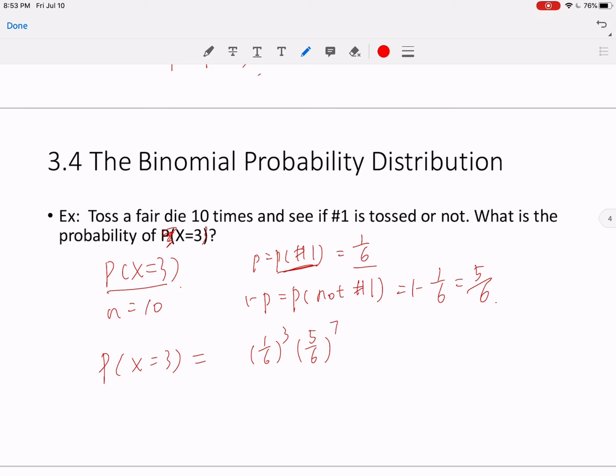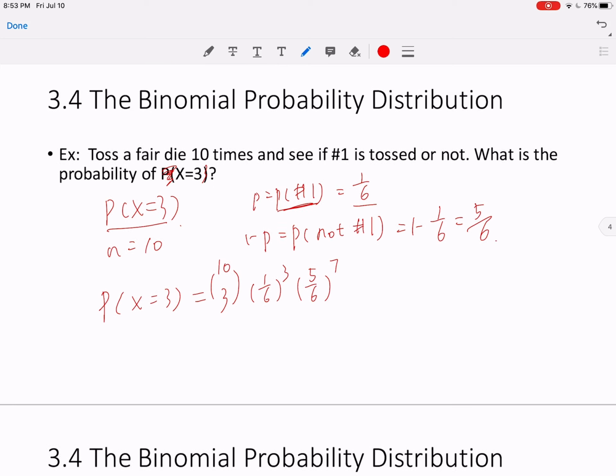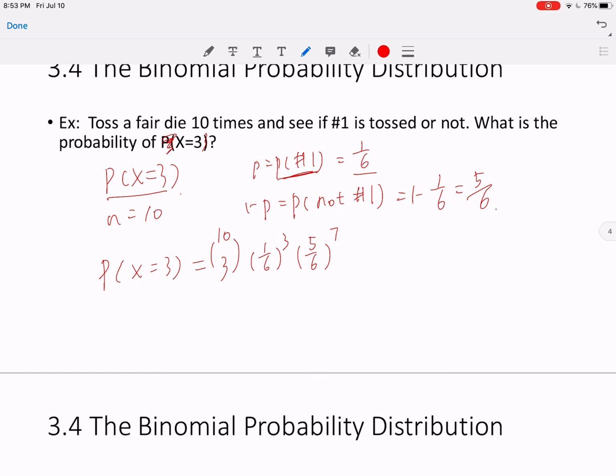Are we done? Not yet. So we need that 10 choose 3 over here. Why? Because we don't know which 3 are the ones and which 7 are not the ones. Okay? It could be the first toss, the second toss, the third toss gave us the ones, and the last 7 tosses are not ones.